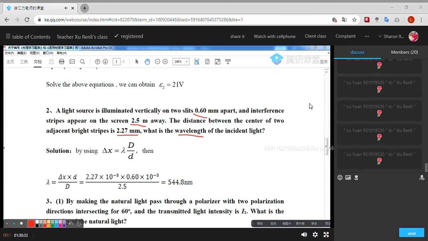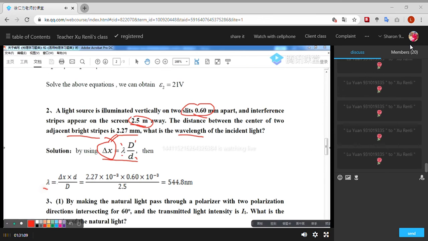According to the formula of the strip space, the strip space equals the wavelength times the distance between the slit and the screen divided by the distance between the two slits. Here we are missing the wavelength, and we have big D, the strip space, and little d, so we can solve the wavelength.